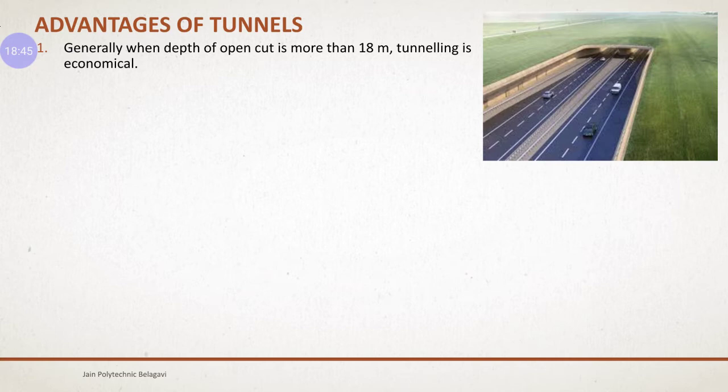When you are doing an open cut and the depth of that cut is more than 18 meters, you should not go for open cuts. You have to use tunneling, because it becomes economical, because otherwise a lot of soil mass and hard rocks have to be excavated over a larger area.